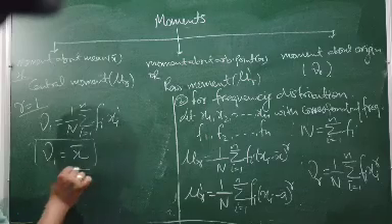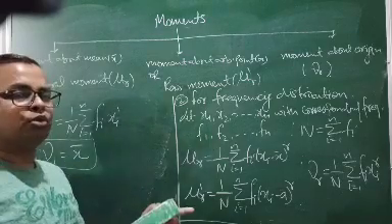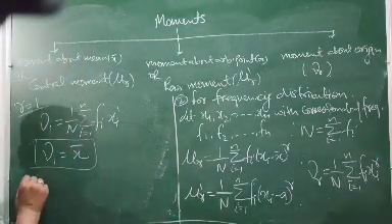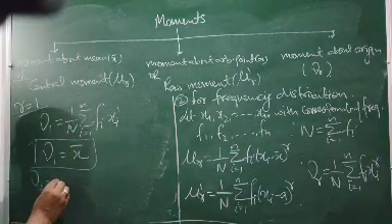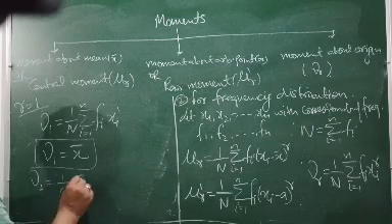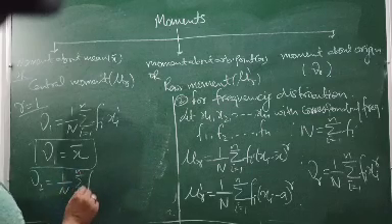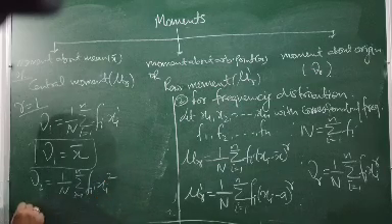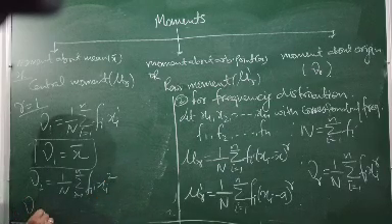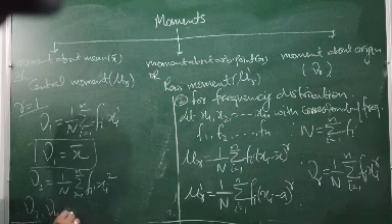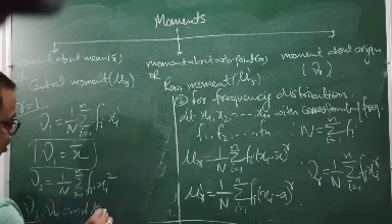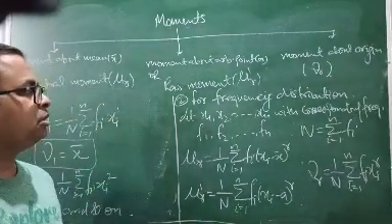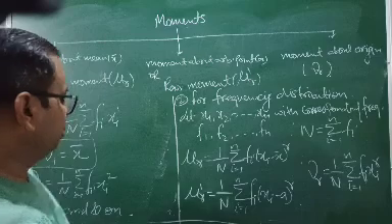So the first moment about origin is equal to the mean of the given frequency distribution. Similarly, we find nu 2, 1 upon capital N summation i varies from 1 to n fi xi squared. Similarly, we also calculate nu 3, nu 4 and so on, the other moments about origin.